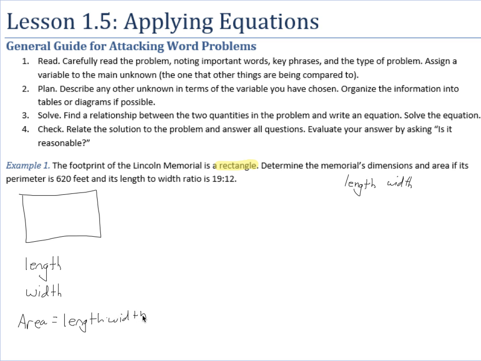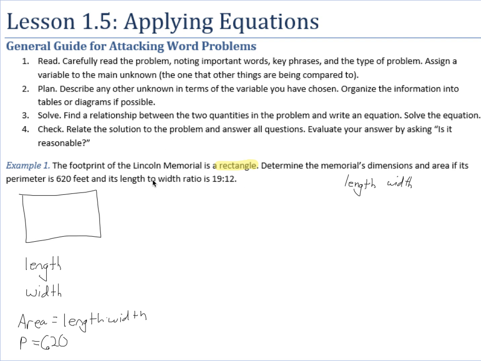So we're just reading through, looking at this, finding important things. The perimeter is 620 feet. I'm just going to put P for perimeter, 620 feet. And then we have its length to width ratio is 19 to 12. So this is saying the length is longer than the width.